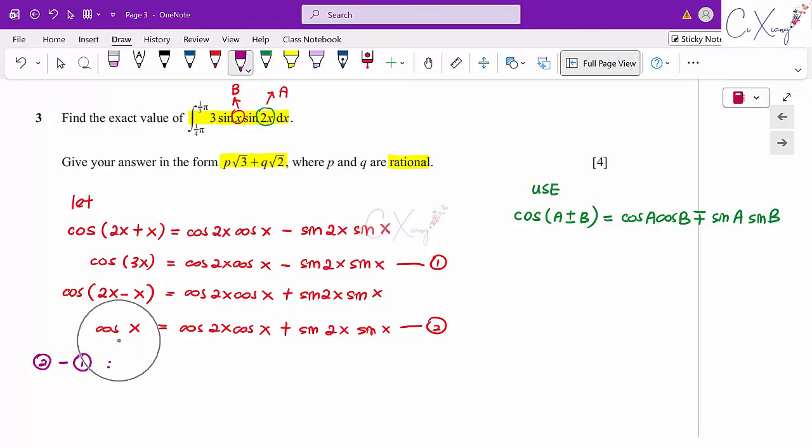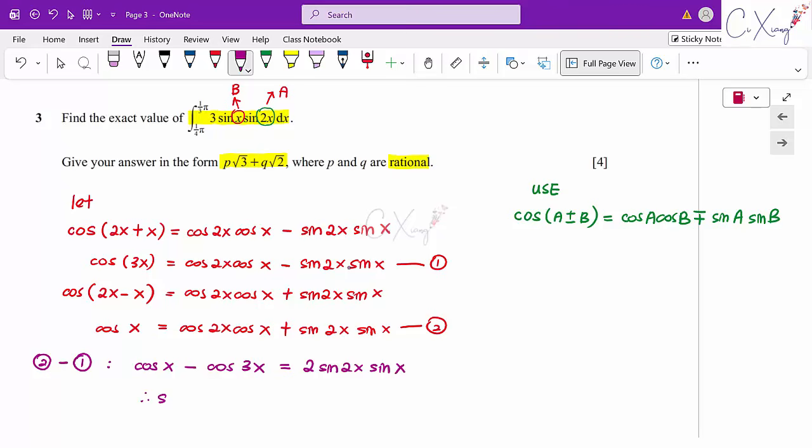So from the left hand side, you're having cos x minus cos 3x. Equal sign, you put equal sign. Then after that, cos 2x cos x minus cos 2x cos x becomes 0, right? Then for this one, sine 2x sine x minus negative sine 2x sine x. Therefore, you're having 2 sine 2x sine x.